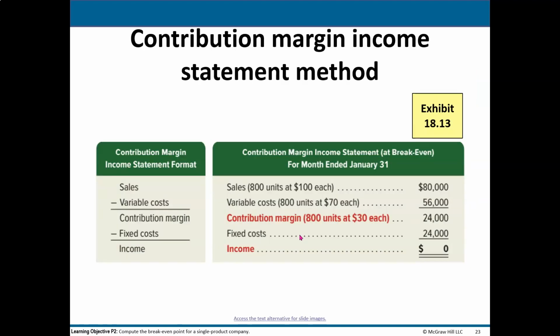The next thing we can do is look at the contribution margin income statement method. And for me, this is typically what I prefer, not necessarily for the break-even point, but for further analysis, because with this contribution margin income statement, especially if we're using Excel, we can change the input data and play around with numbers that may be sensitive to, let's say, the economy, like sales and labor costs and so forth.